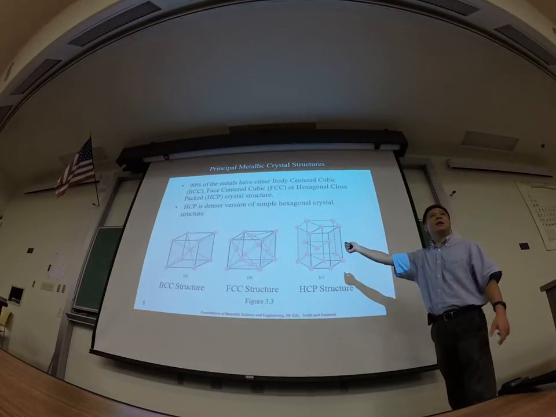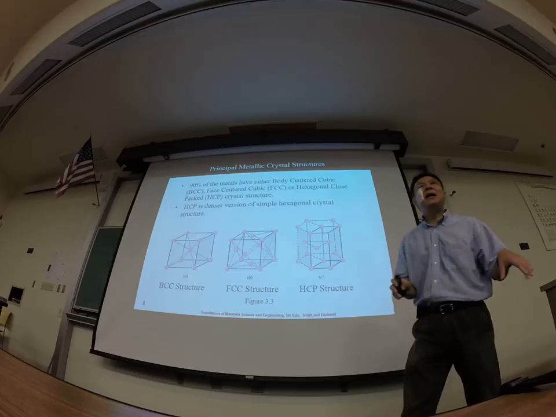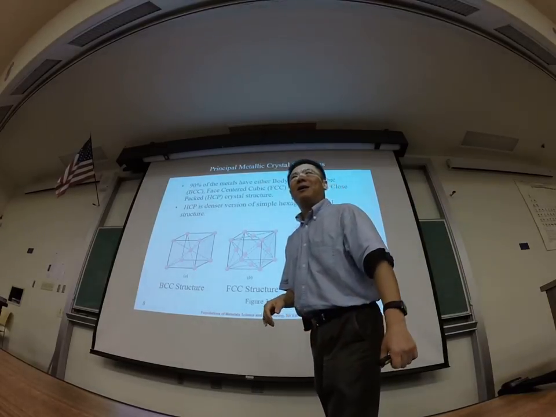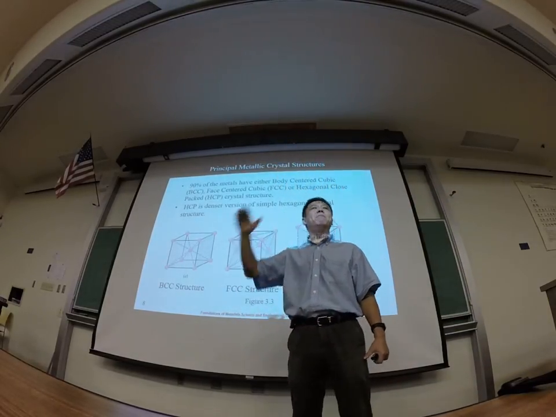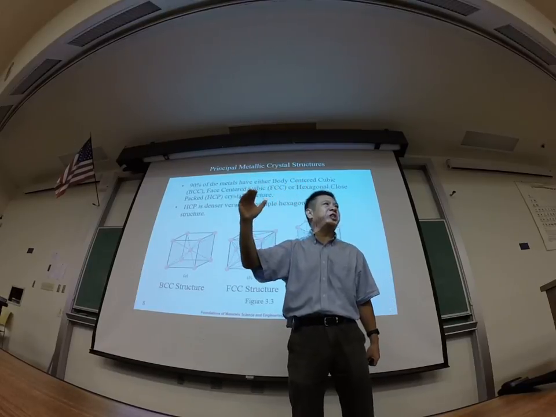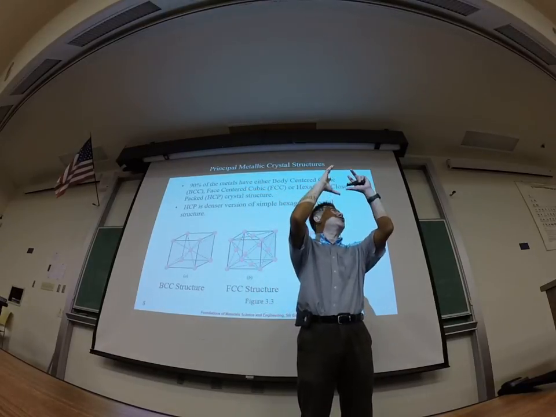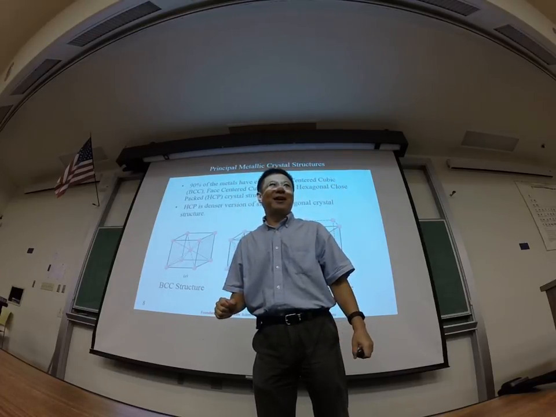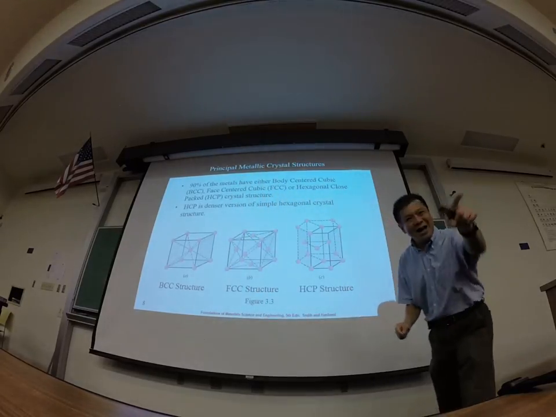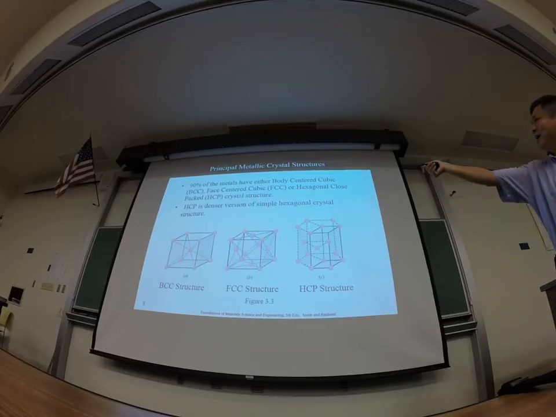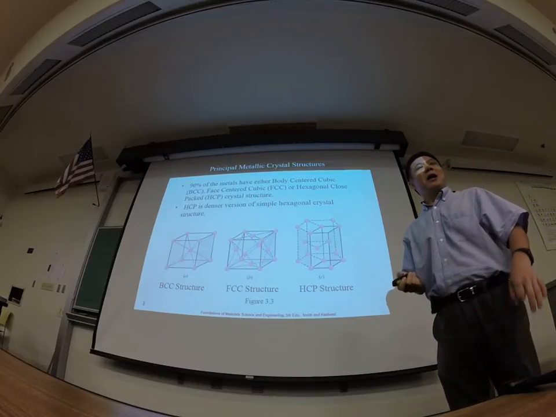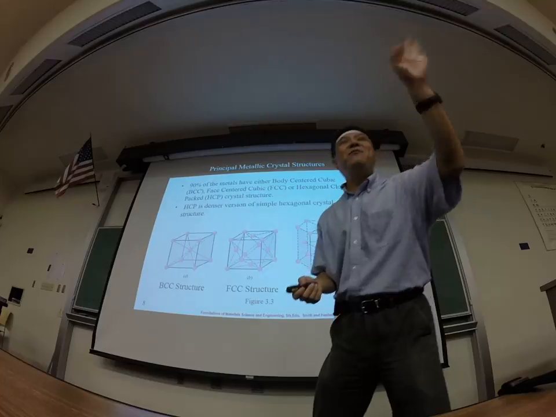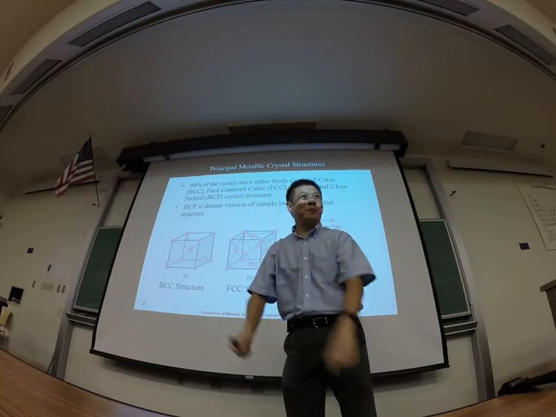HCP, once again, is a close-packed structure, another 74%. 74% is the most efficient usage of space by spherical atoms. So these three are the top three most efficient usages of space.